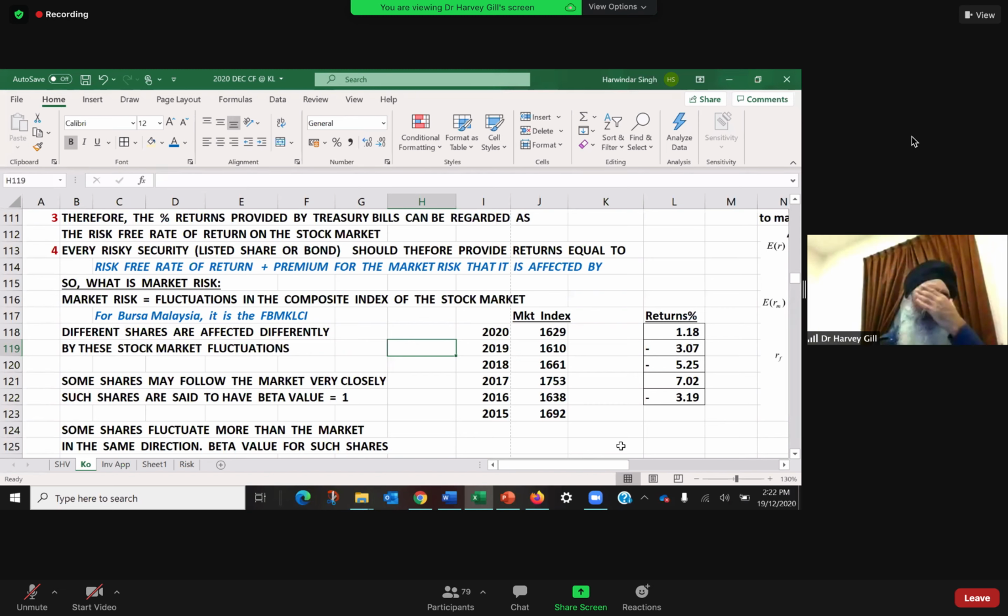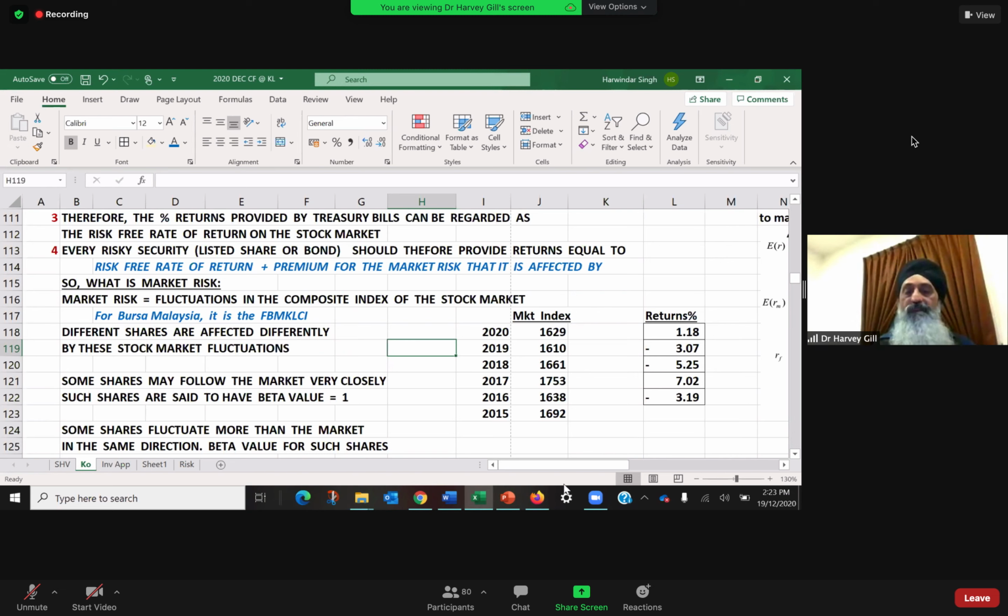If your shares do not fluctuate as much as the market, if your fluctuations are less than the market, or you have fluctuations but they don't follow the market, then your beta value will be less than 1. If your price fluctuations follow the market and in fact are more than the market, then you will find that the beta will be greater than 1.